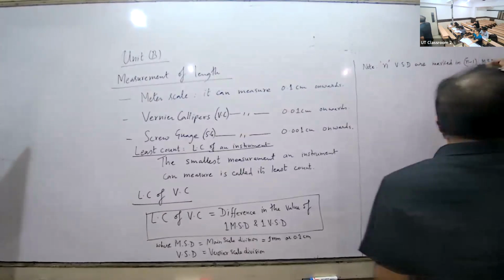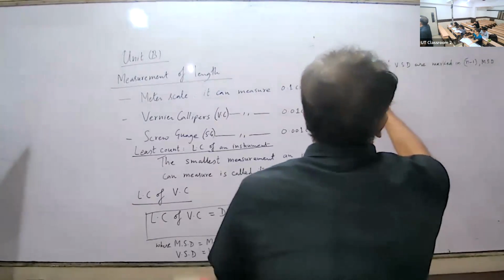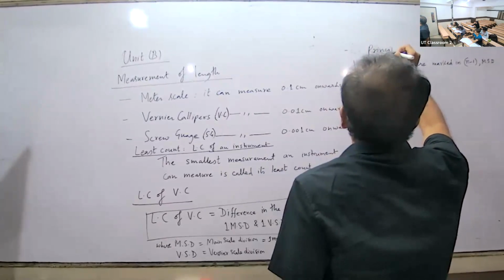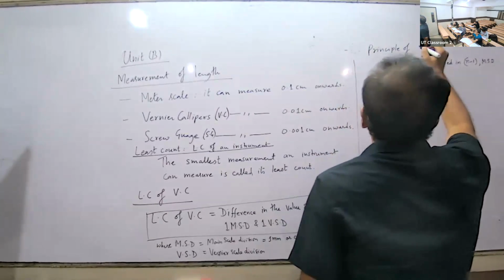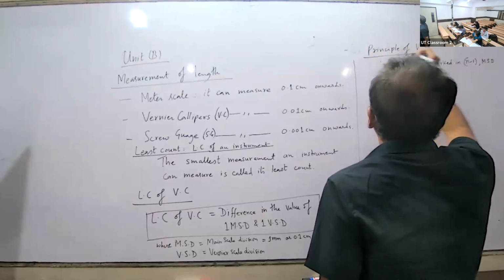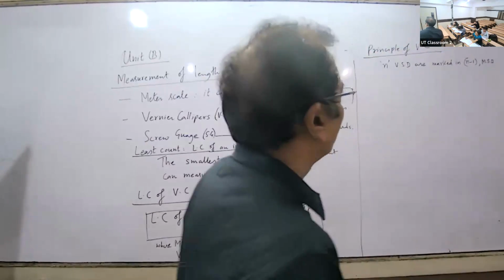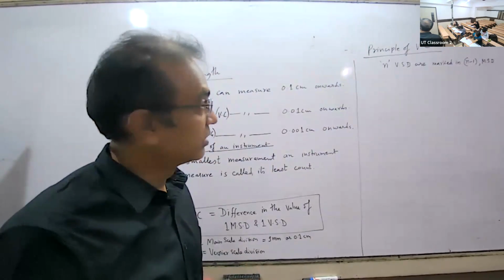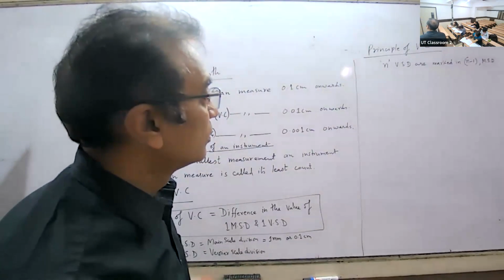This is the principle of vernier. I'll write it as the principle of vernier calipers. N vernier scale divisions are marked in n minus 1 main scale divisions. Right?